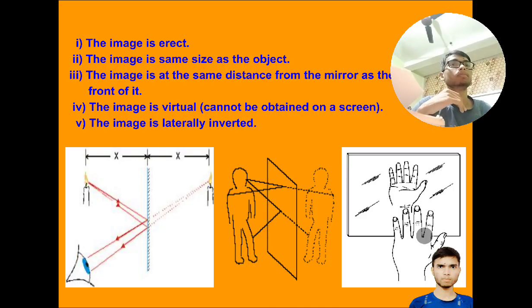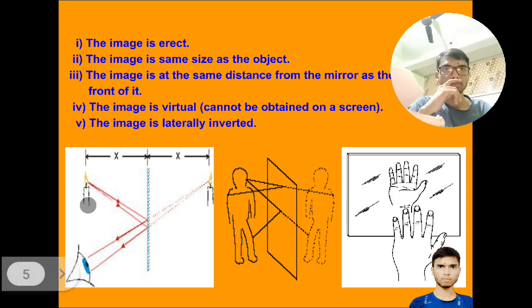The original hand will be considered as the object, and whatever appears inside the mirror will be considered as the image. Remember this. I will discuss it in more detail in an upcoming slide. For now, it will be sufficient for you.